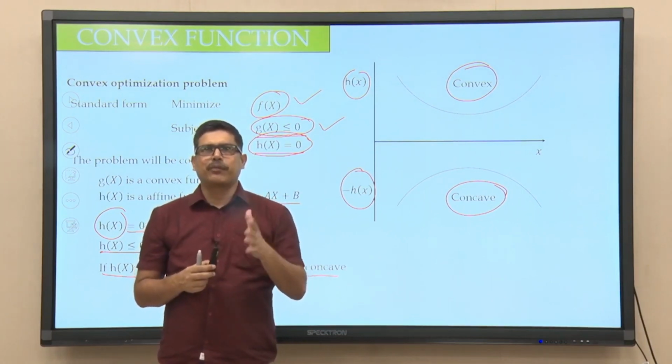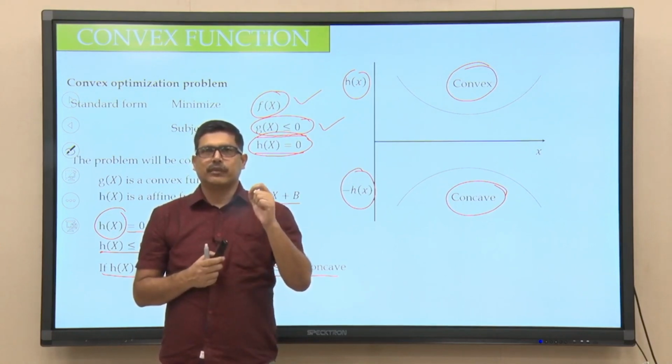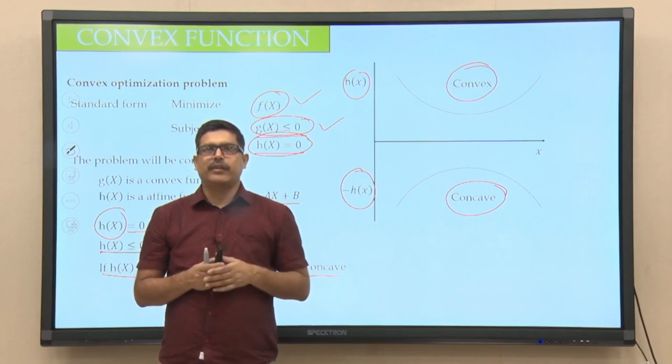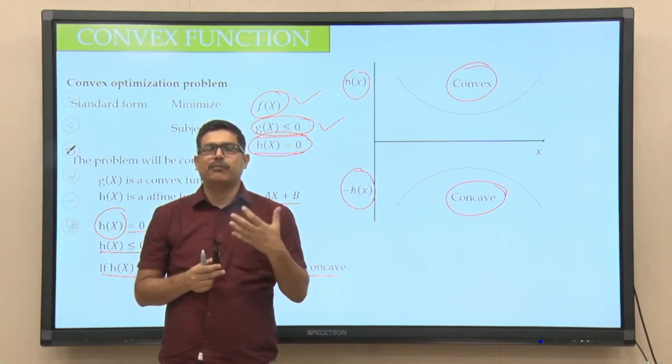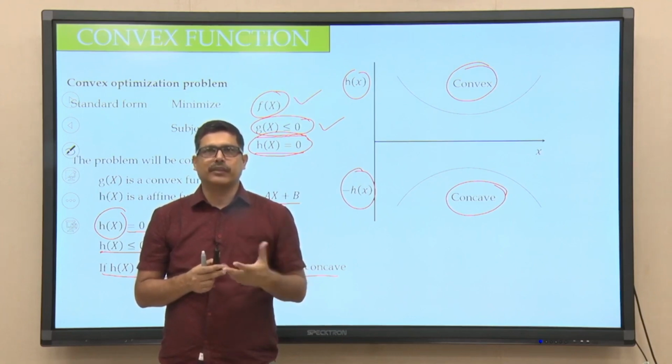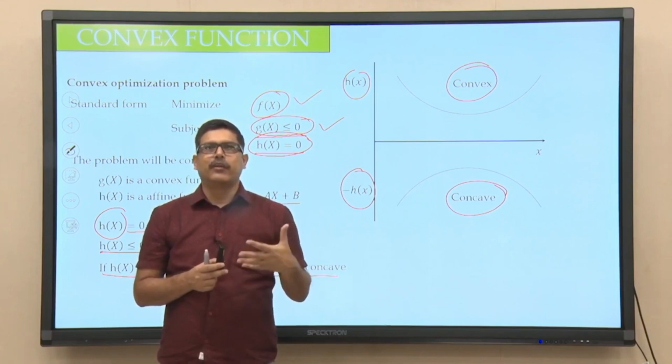A problem will be a convex problem if your objective function is convex, if your inequality type constraint is a convex function, and if you have an equality type constraint, that must be a linear function. If your function is a linear equality type function, then your problem will be a convex problem.